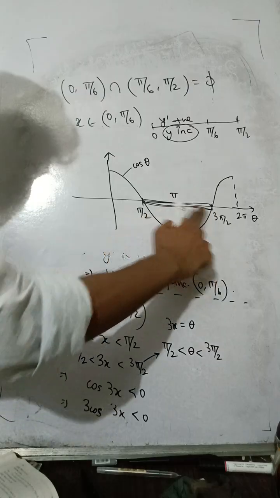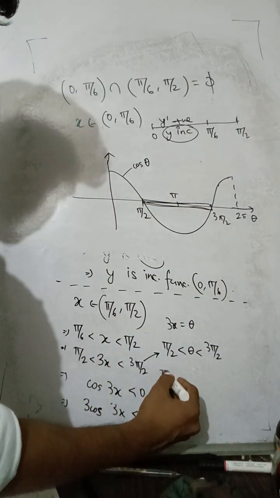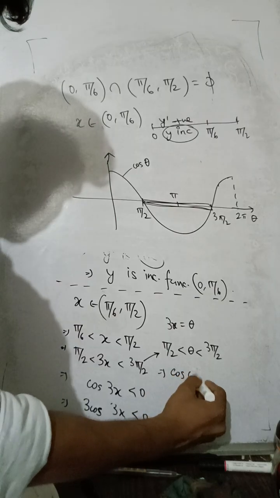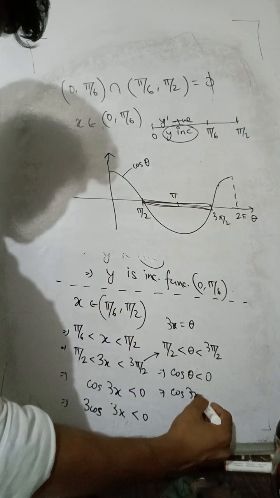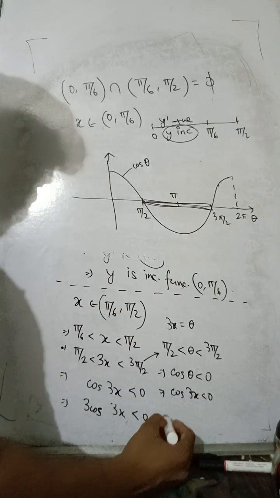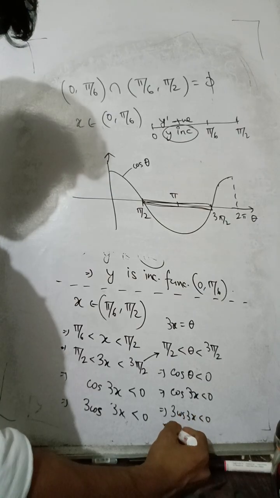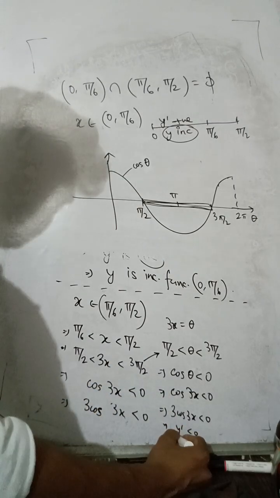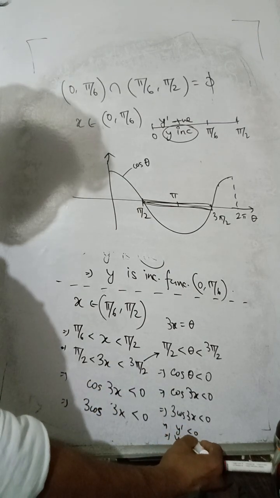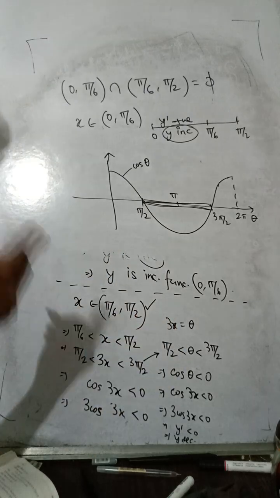So we can replace back again that cos 3x is negative. More importantly, 3 cos 3x is also negative. That means our y dash is negative, so y is a decreasing function. In this region y is decreasing.